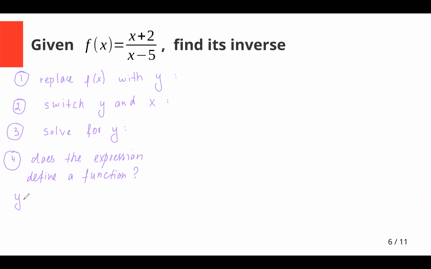If the answer is yes, then you will replace y with f inverse of x. If no, say that f of x has no inverse. Okay, so these are the steps.